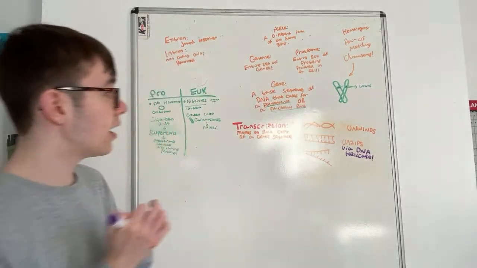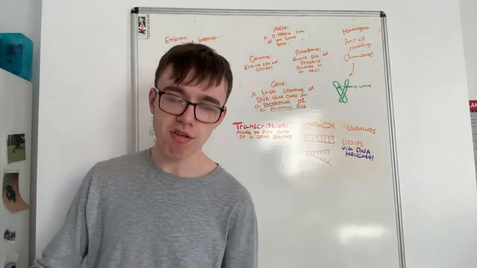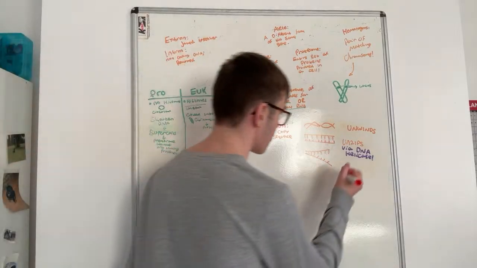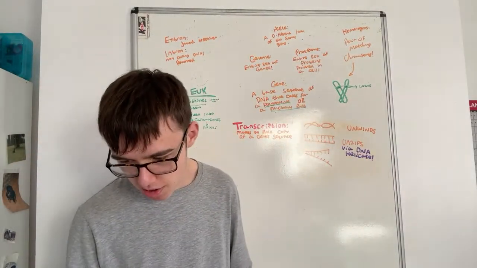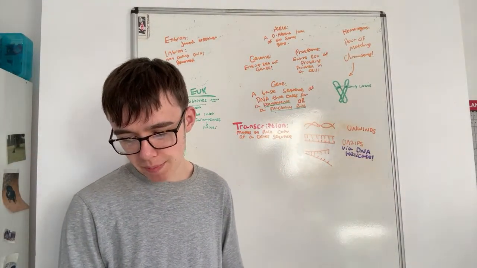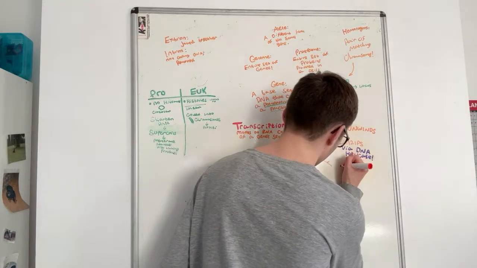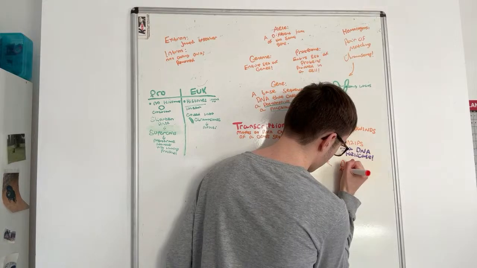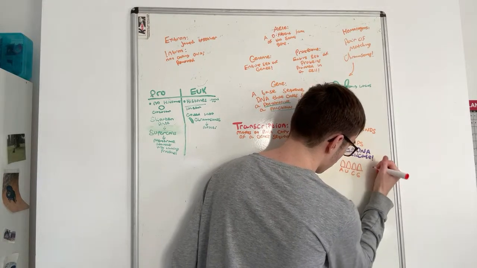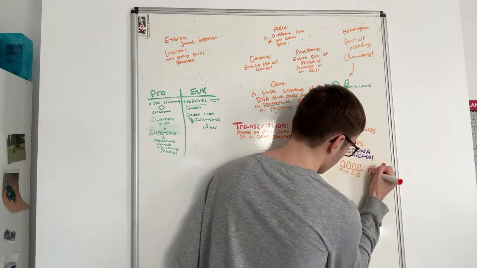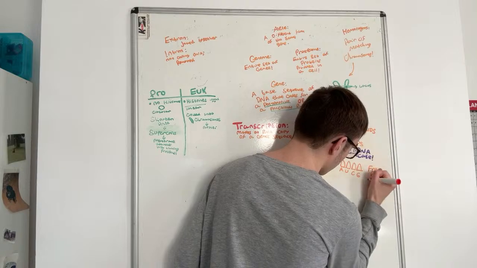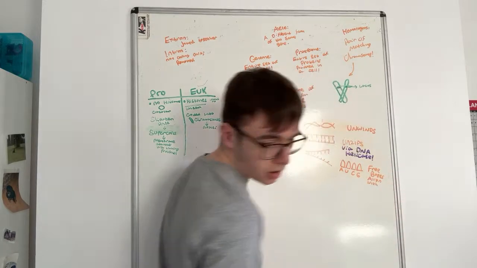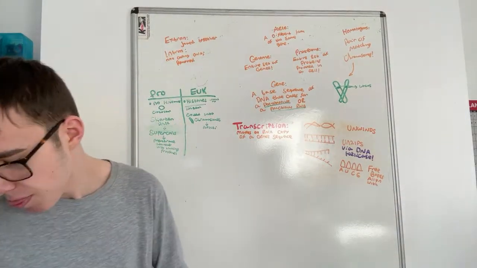This is only one part of a topic. Well, this is only half of the actual thing, but I'm trying to make this all make sense. So it unzips via DNA helicase. Then the three mRNA bases align with the one chain.